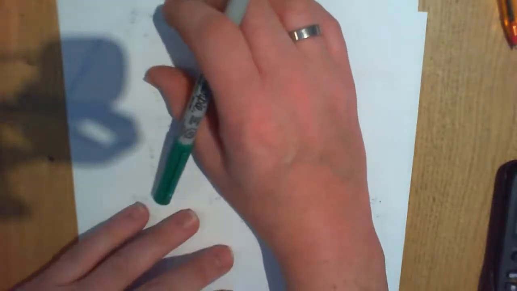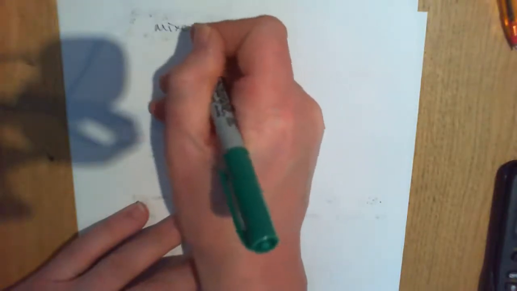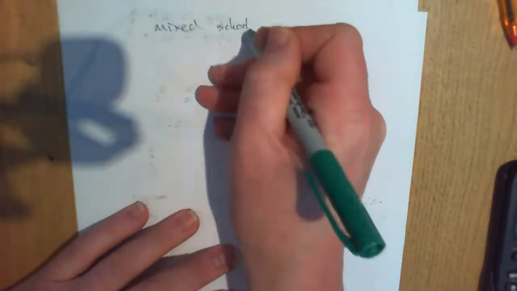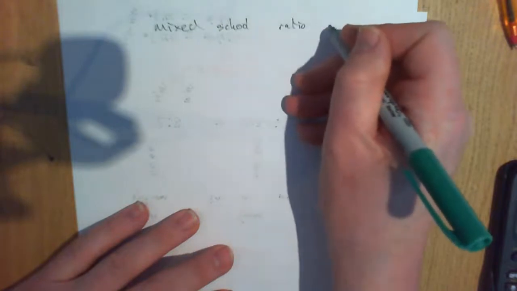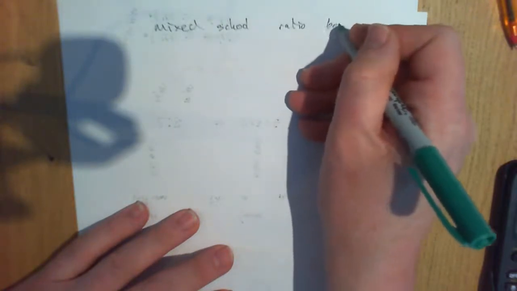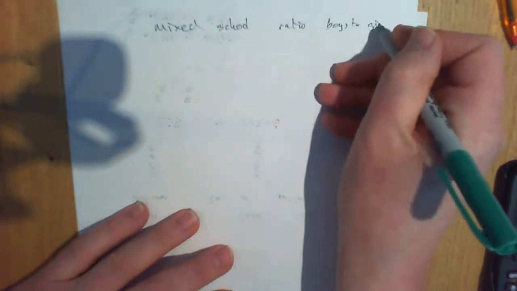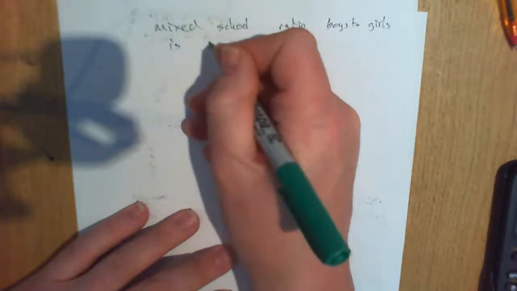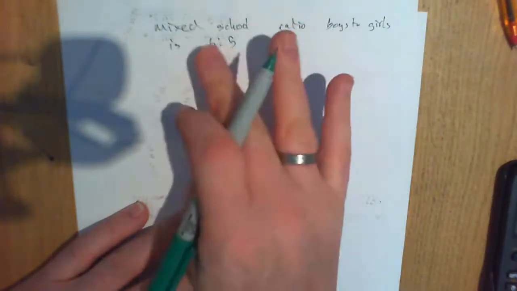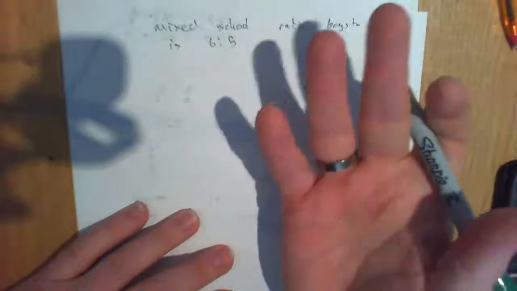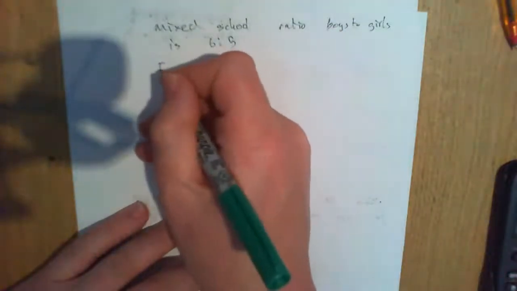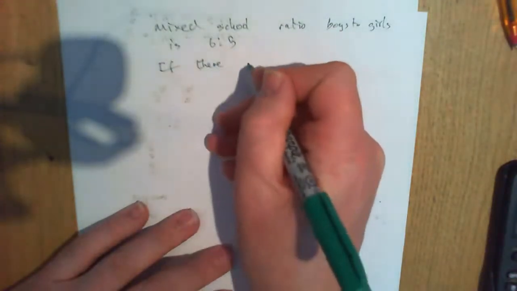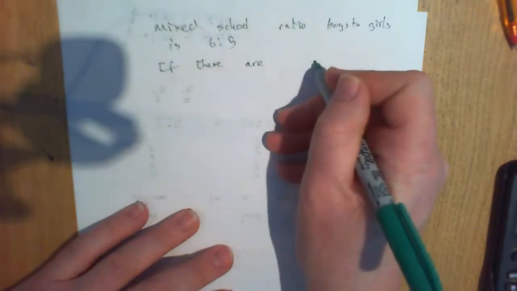That means for every 6 boys, there's 5 girls. Okay? If there are 325 girls, what I want to know is find the number of boys and the total enrollment. That means boys and girls.